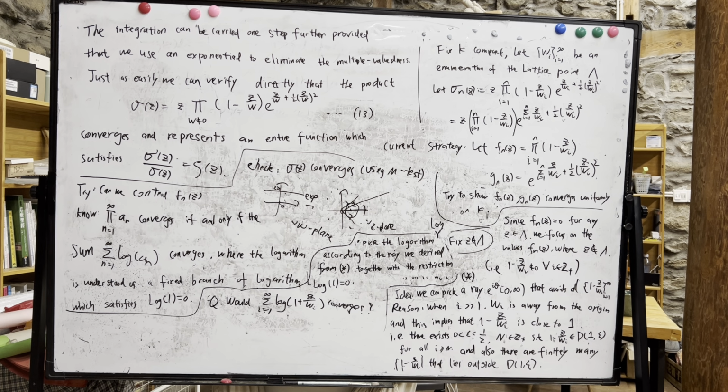Because the complex log of a complex number z, which is represented as r e^{i theta}, is equal to the real log of the radius r plus i times the argument.